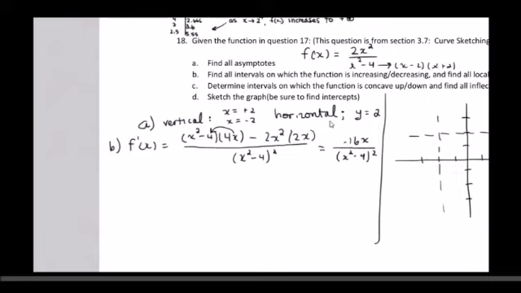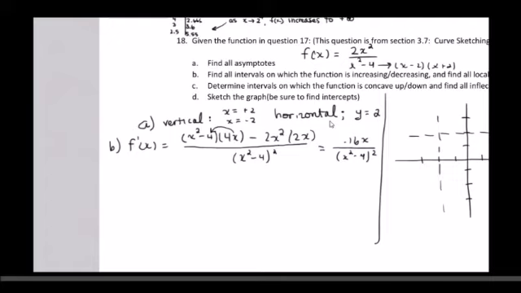So first derivative test, continuing to find intervals of increase, decrease, and local extrema or relative extrema, we need to find the critical numbers. The critical numbers occur when the first derivative equals 0 or when the first derivative is undefined. Now since we have a rational function here, the first derivative would be undefined when the denominator is equal to 0. The denominator is going to equal 0 when x is 2 or negative 2.